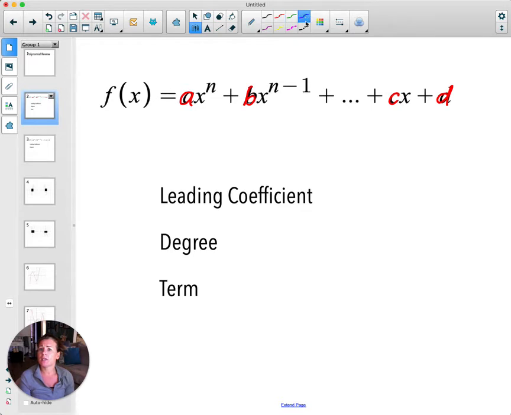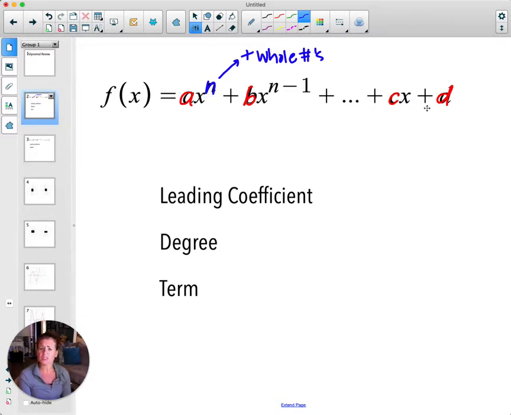Then you've got the degree. And the exponents in a polynomial have to be positive whole numbers. So you cannot see decimals up here or square roots or fractions or negative numbers. Your exponents all have to be positive.